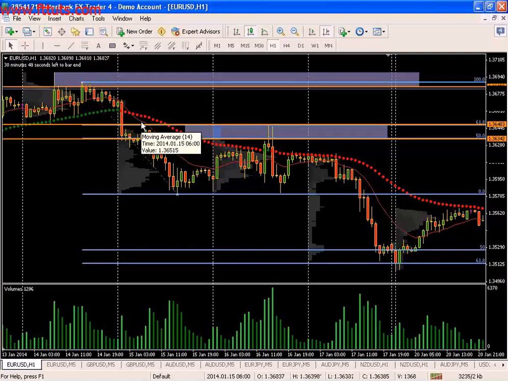Because what I'm trying to do is, with a Fibonacci, we're measuring the percentage of retracement of a trending move, right? This is 50%. This is 61.8% of retracement from this range, high to low. This is halfway.